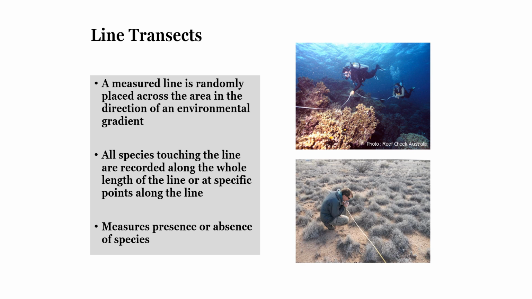Here you can see another example. All species touching the line are recorded along the whole length of the line or at specific points along the line. If the line is fairly long, they will record at specific places along the line. Then they will measure presence or absence of a species.